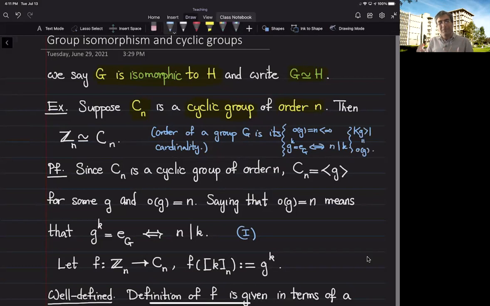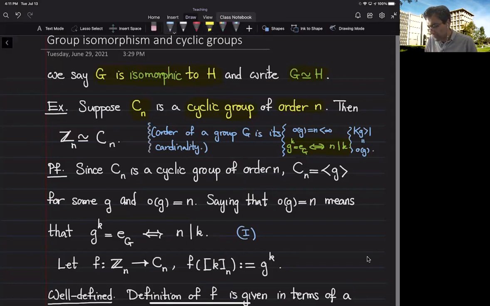So you see, even though there is a distinction between the order of a group and the order of an element, when my group is cyclic, they turn out to be the same thing. But in general, of course, the order of a group is the cardinality of that group. The order of an element is this nice phenomenon that says the element raised to some integer power is the neutral element precisely when its order divides that power. Okay, this was a reminder from the previous video.